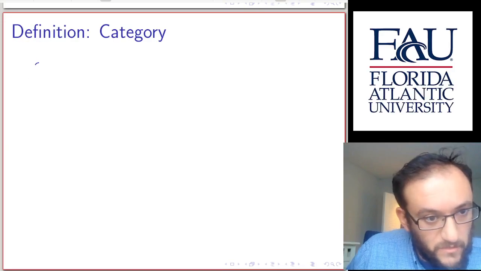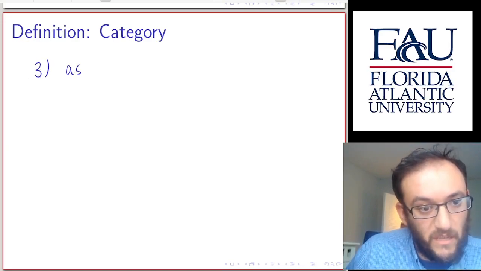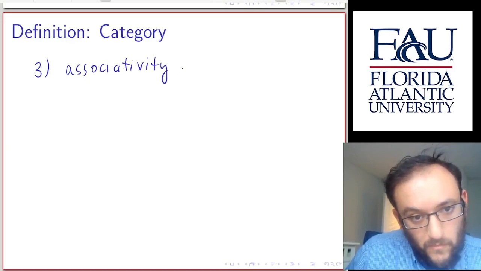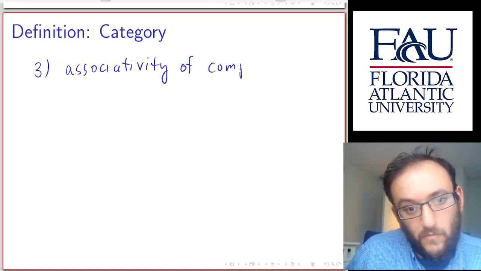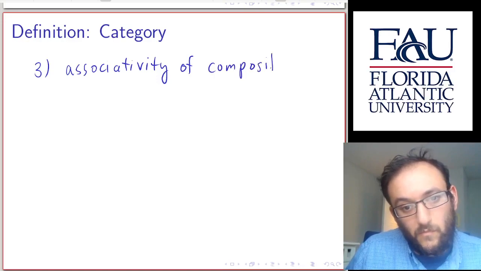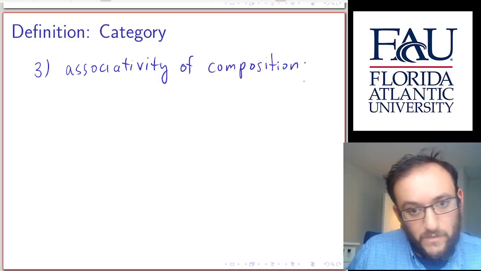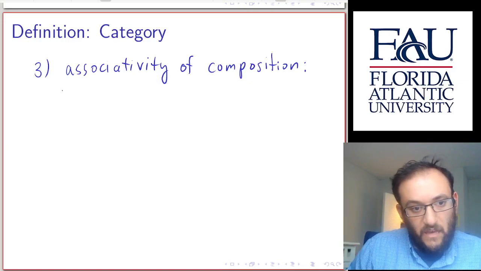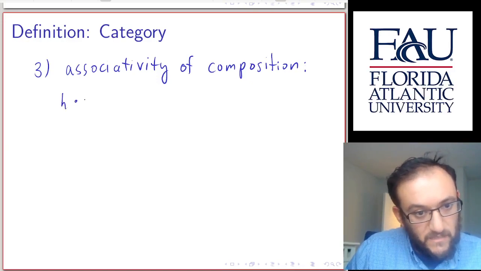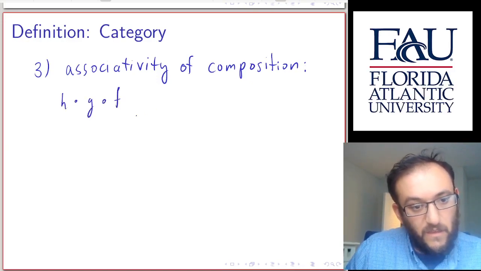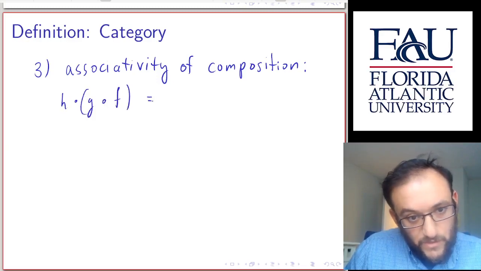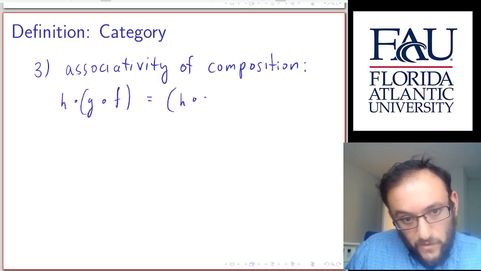And you also need associativity of composition. So if you have maps where these compositions make sense, you've got h of g of f, so you need to be able to do these first or these first and get the same thing.